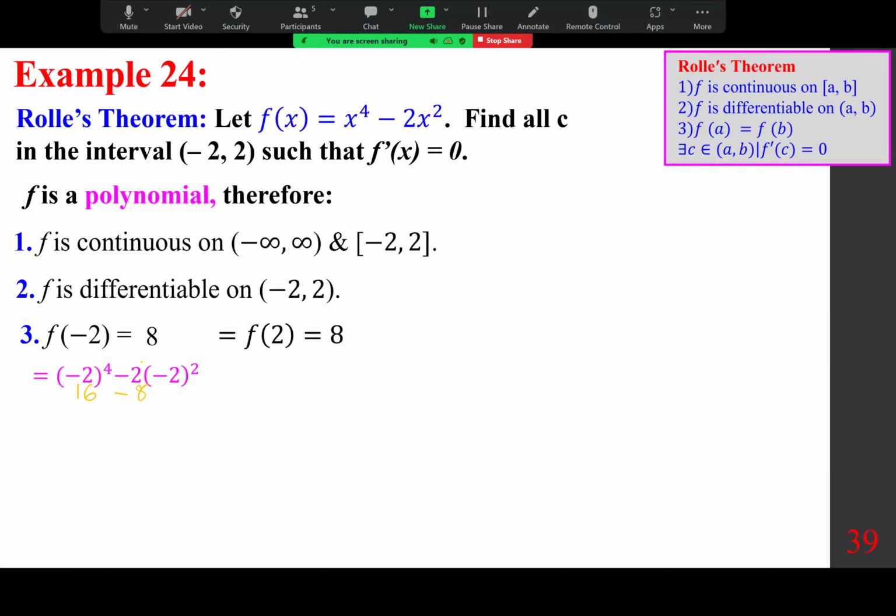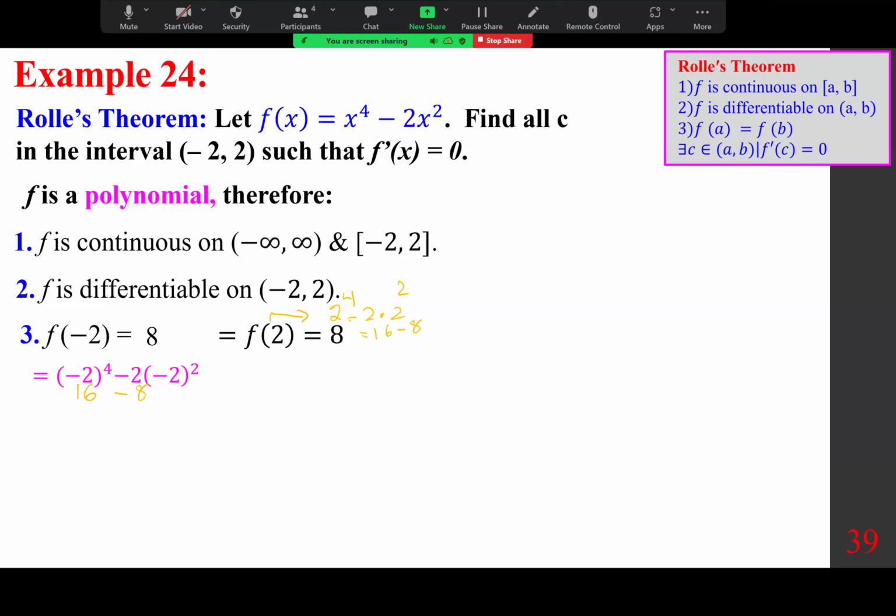And f of 2 equals 8 too, because f of 2 is 2 to the power of 4 minus 2 times 2 squared, which is 16 minus 8.